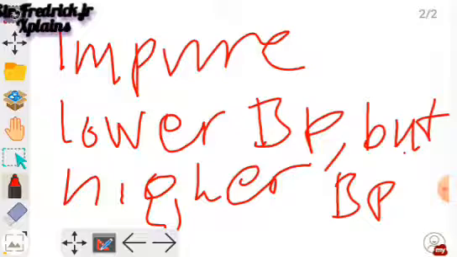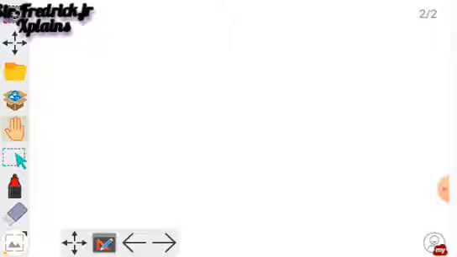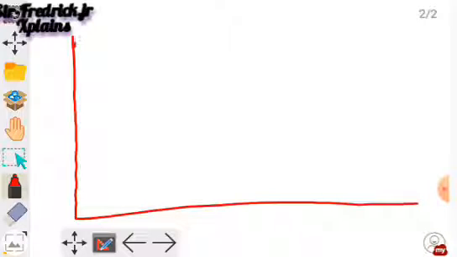So actually we'll draw something. We have here a graph. Here it's temperature in degrees Celsius. Here it's time in seconds.